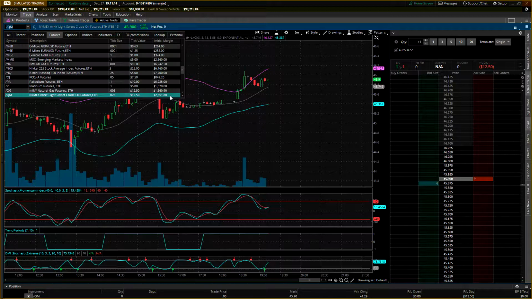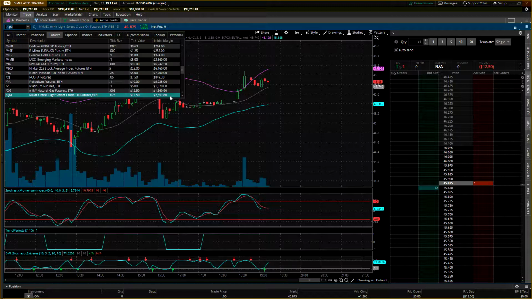So if you make a trade and the trade goes bad, it goes against you, and all you have in your account is this exact amount of money, $2,351.80, the broker would immediately say, you're at risk of a margin call, because you don't have enough money to cover their initial margin requirement, your good faith commitment to the broker, right? Your good faith amount of money to keep this account in good standing.